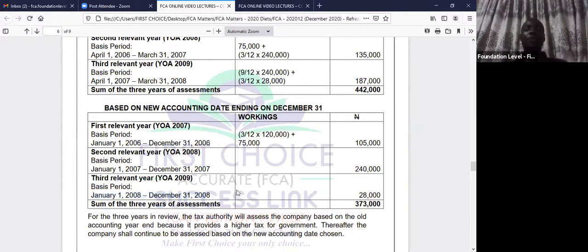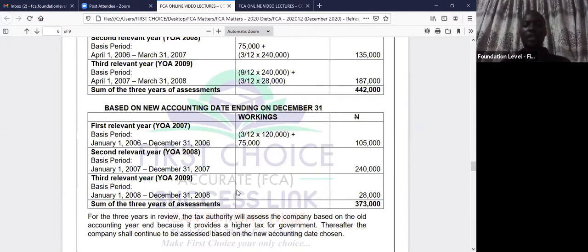Now we've talked about commencement rule, talked about change of accounting date, the second C, and we said the tax authority should pretend as though you have not asked for change. Continue using the old date for those 3 years. How will you get the first year? Look at when the change occurred. Which year of assessment did it affect? That was the first year.